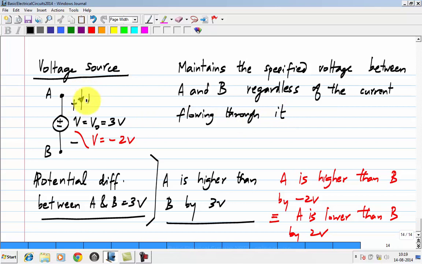So, it does not matter what the value of I is, the voltage between A and B is maintained to be 3 volts or whatever V naught is.